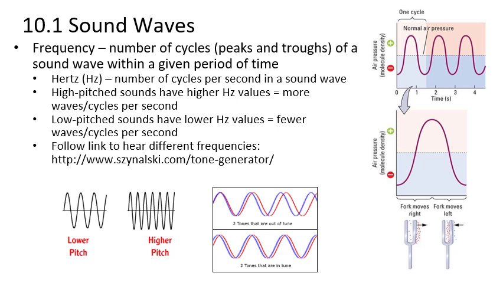The red musician is playing a slightly lower pitch. It's a slightly longer sound wave, right? A little bit more space between the sound waves. Once the two musicians are able to match the frequency, or match the cycles of their sound waves, they're now in tune. They're playing the same note now.